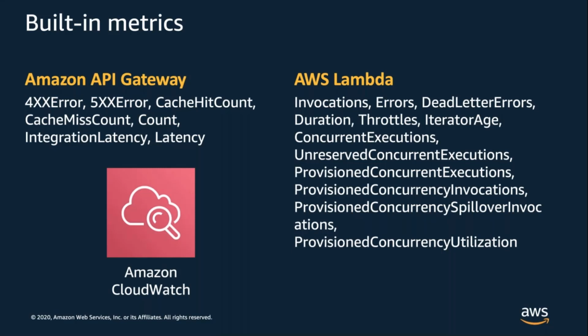For example, with AWS Lambda, provisioned concurrency and provisioned concurrency invocations and the other metrics you see there are only going to be populated if you have configured provisioned concurrency for your Lambda functions. For those that are not aware, provisioned concurrency is a capability where you can set Lambda functions to be very highly responsive by us pre-provisioning the resources ahead of time. So it greatly reduces cold starts.